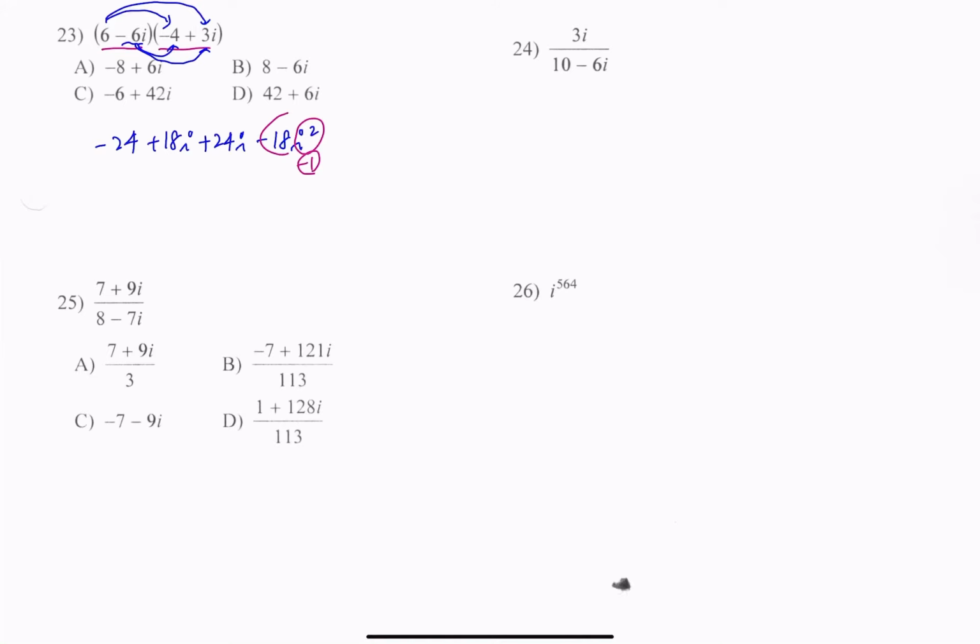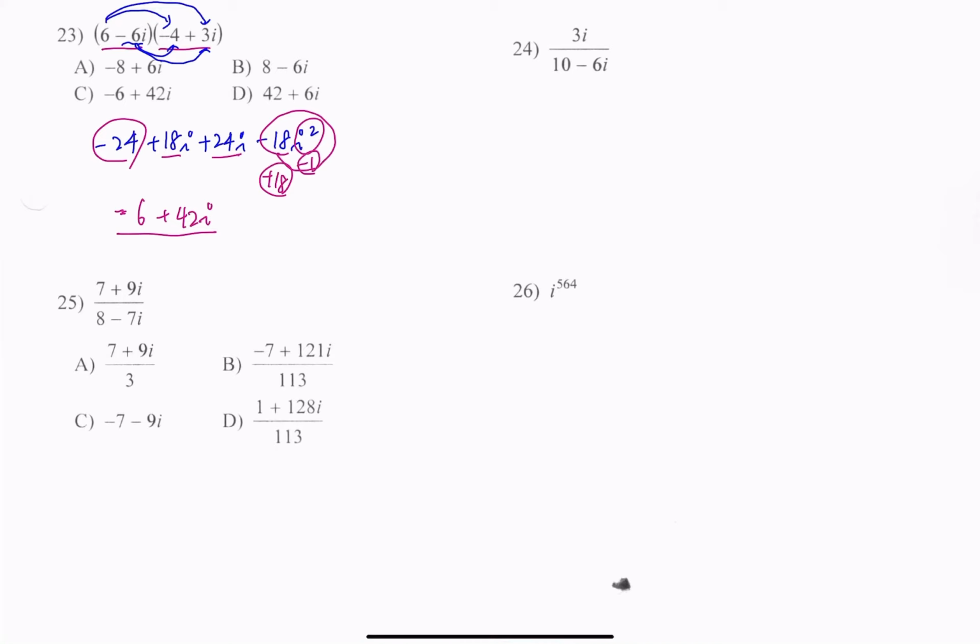Negative 1 times negative 18 is positive 18. 18 plus negative 24 is negative 6. And then you add these two like terms because they are imaginary numbers. So 42i. Negative 6 plus 42i is the answer.